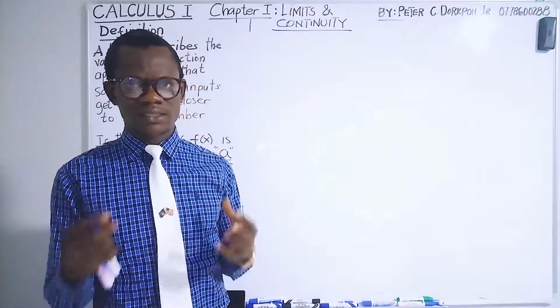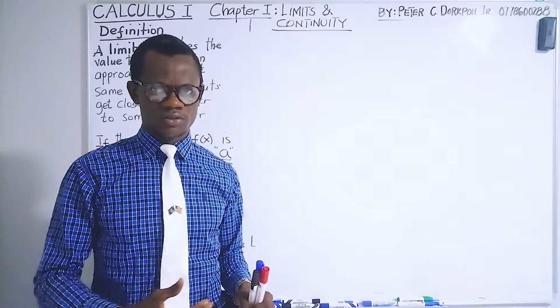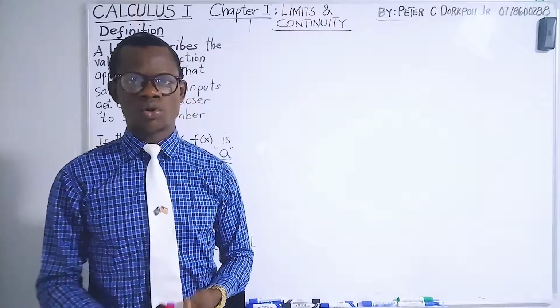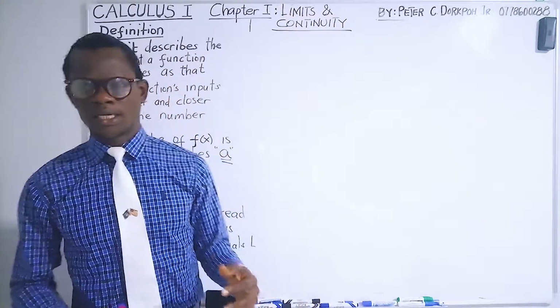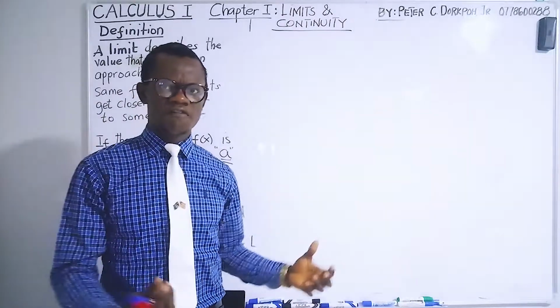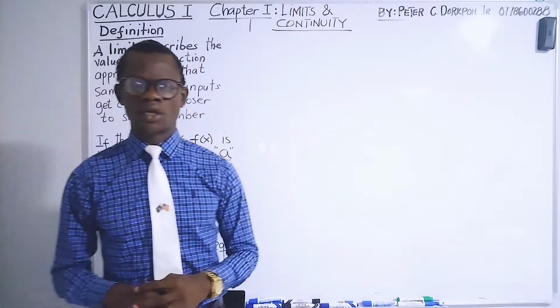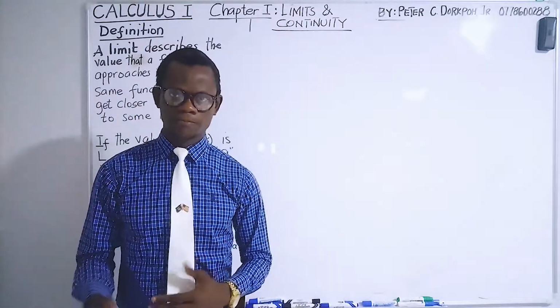Newton was actually into physics, but at a certain stage in physics you need calculus, so he had to commit more time to developing those basic formulas to aid him in physics.